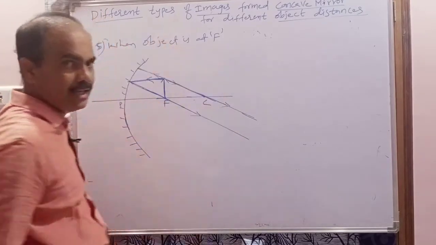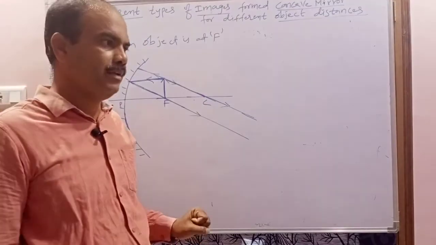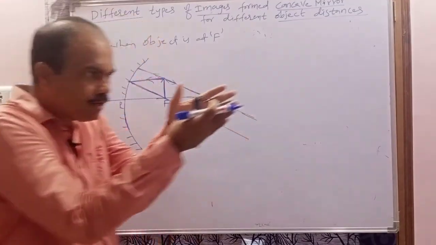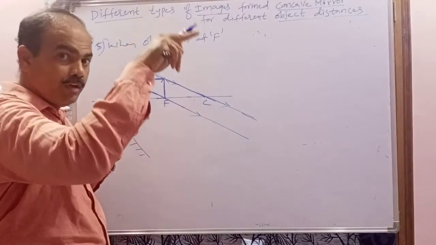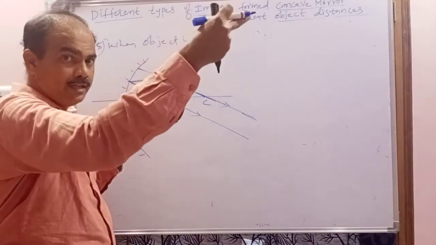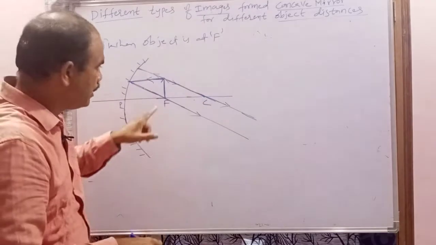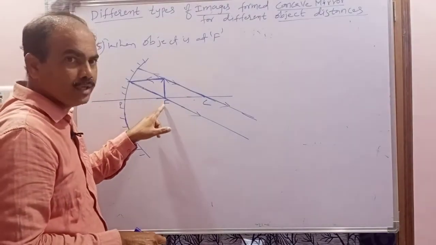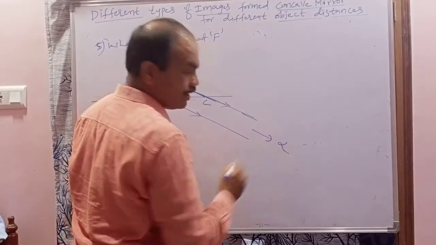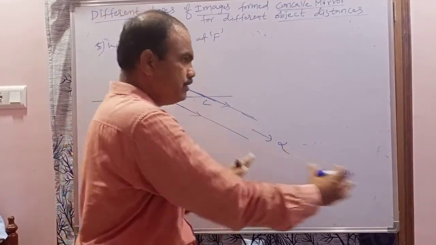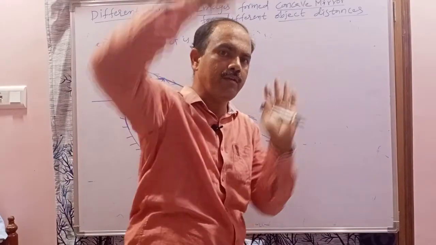In the first case I explained, when the object is at infinity, the rays are parallel to each other. Now come to the reverse. When the object is at infinity, the image is formed at focus. Now the object is at focus, so the image is formed at infinity.